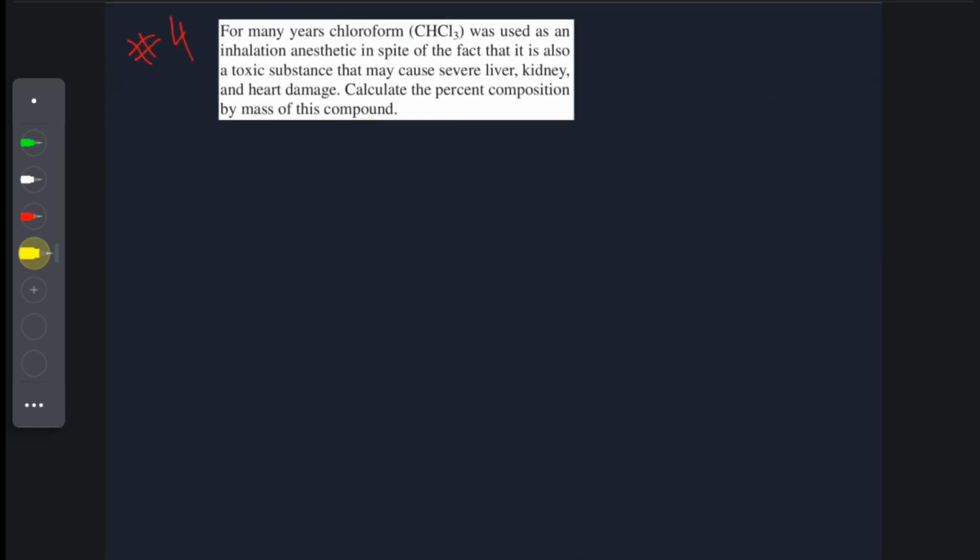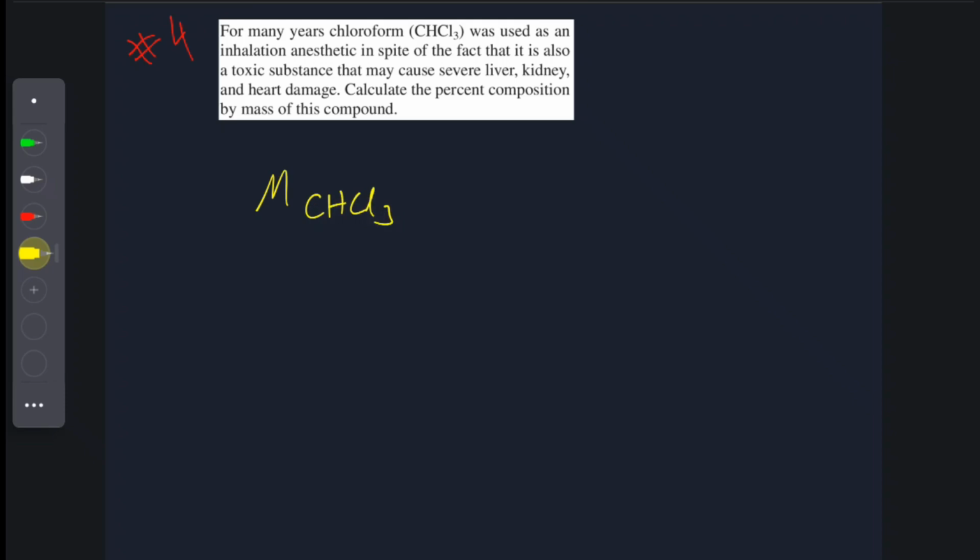So in the fourth question, for many years chloroform was used as an inhalation anesthetic in spite of the fact that it is also known as a toxic substance that may cause severe liver, kidney and heart damage. Calculate the percent composition by mass of this compound. So we have to know the total mass of the chloroform.